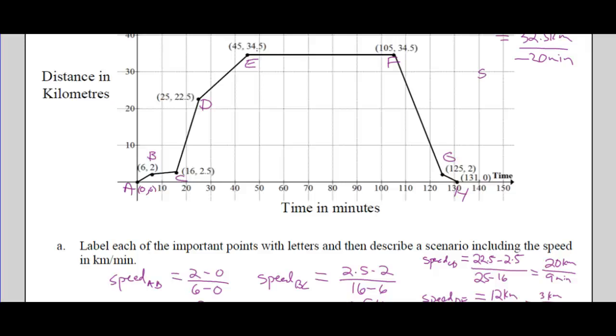And then we've got G to H, which is 2 minus 0 over 125 minus 131, which is 2 over negative 6, or negative 1/3 kilometer per minute. Okay, so we're back to the bicycle, right? So we rode the train back to the train station, got on his bicycle.